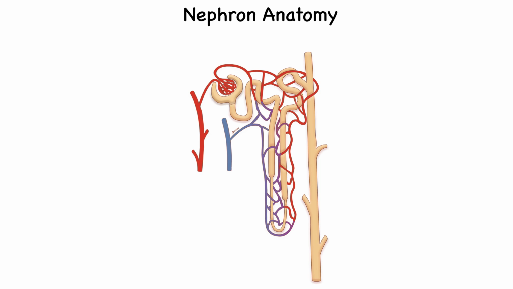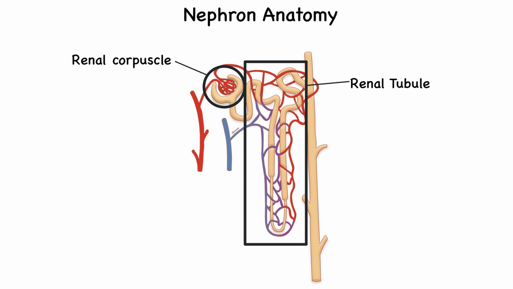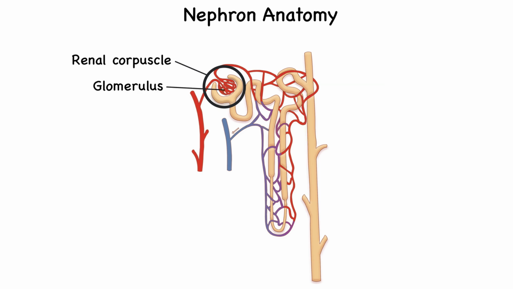Each nephron consists of two parts, a renal corpuscle and a renal tubule. The renal corpuscle houses the glomerulus, which is a ball of capillaries, and Bowman's capsule. This is where blood plasma filtration begins. And the renal tubule is where the filtered fluid passes.